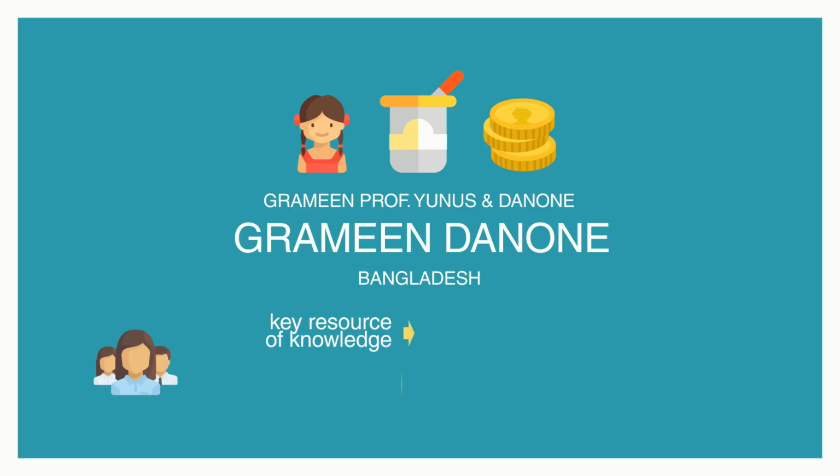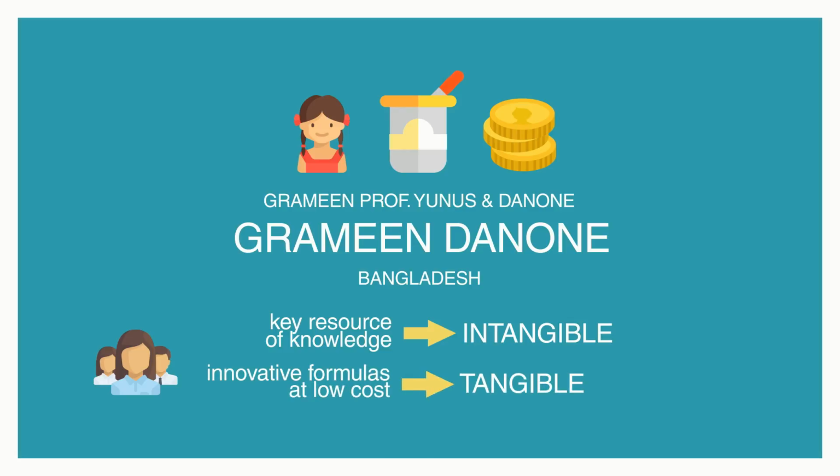In order to develop this product, it was essential to have the key resource of knowledge, intangible, and have the necessary tools to develop innovative formulas at very low cost, tangible. Otherwise, it would not have been possible to make this solution available to the most disadvantaged people.